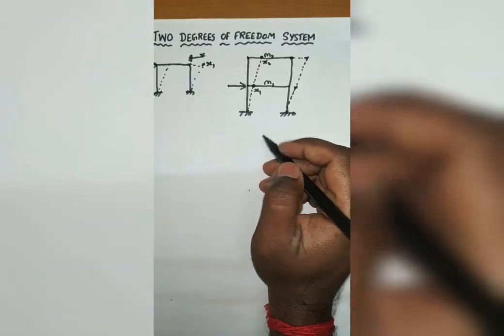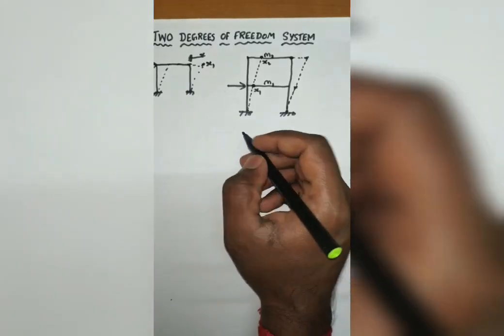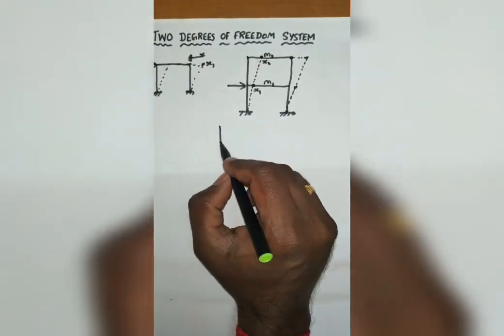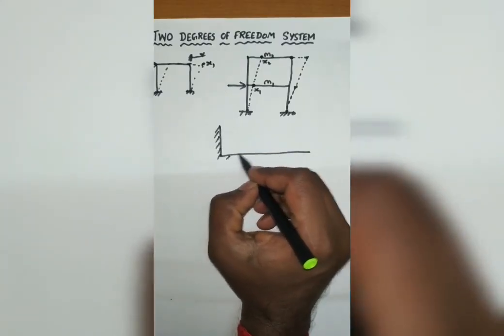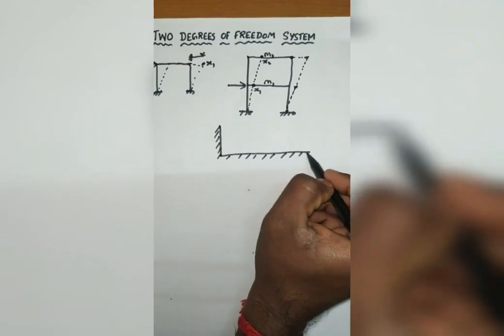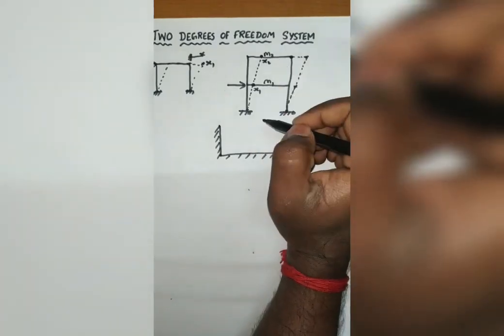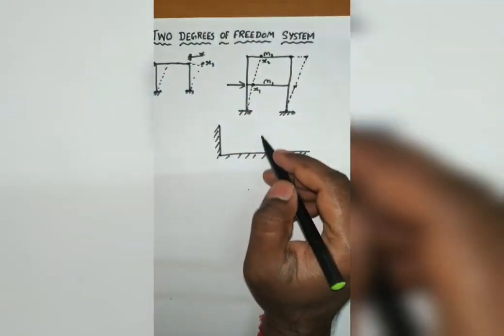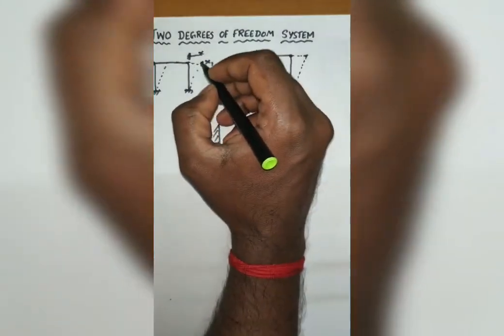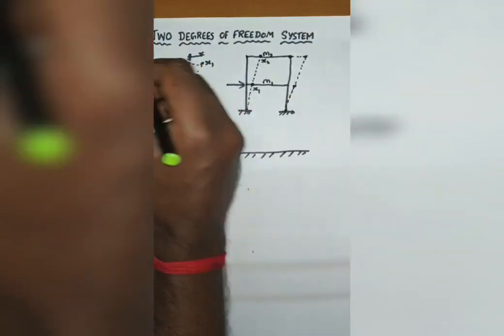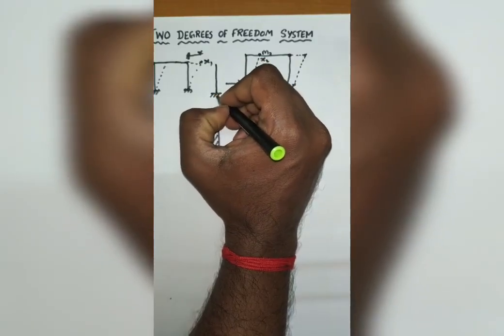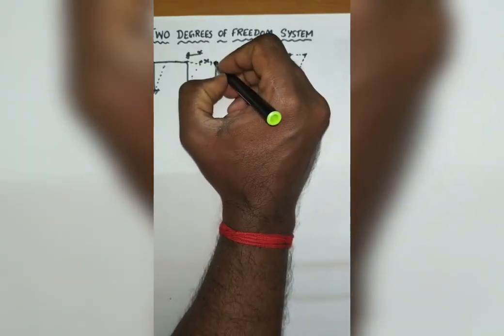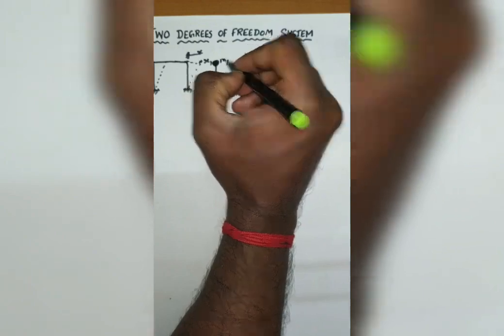So here, if I draw the mathematical model for this particular structure, you can see there are two floors, right? One floor is here and another floor is here. As we have seen in the lumped mass concept, for the single degree of freedom system I have drawn a lumped mass like this.